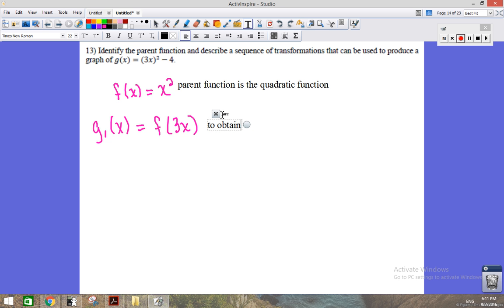To obtain the graph of G1, my first transformation, I horizontally shrink the graph of f by a factor of 1/3.